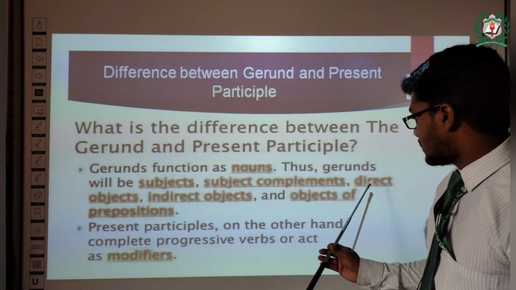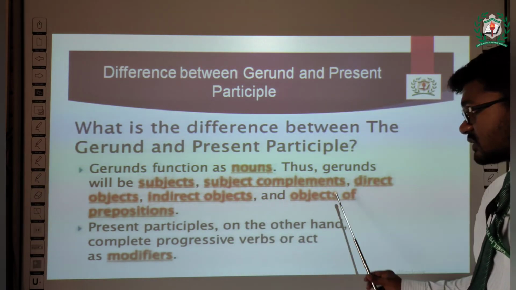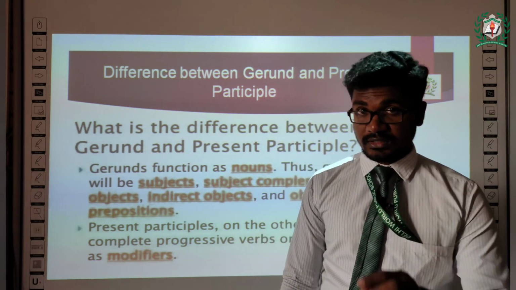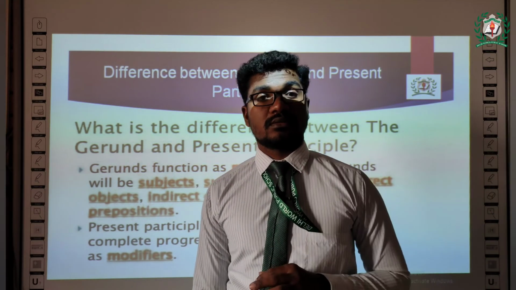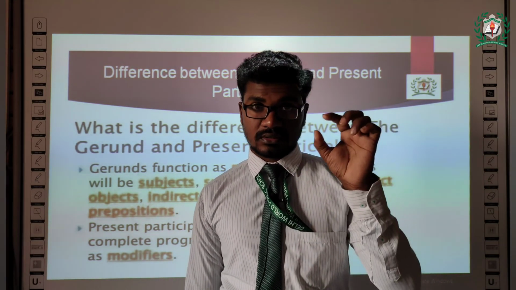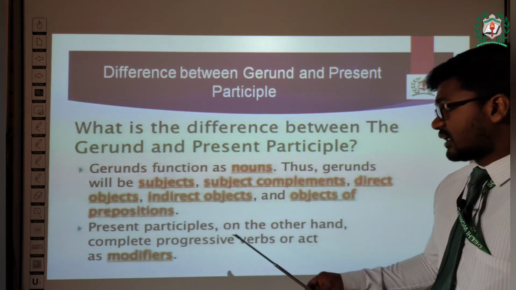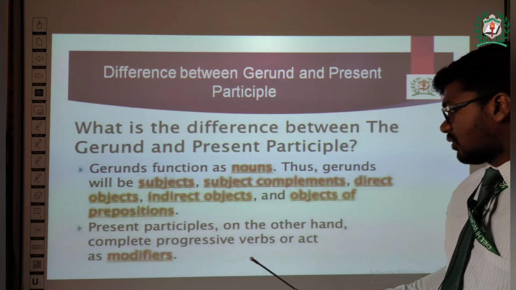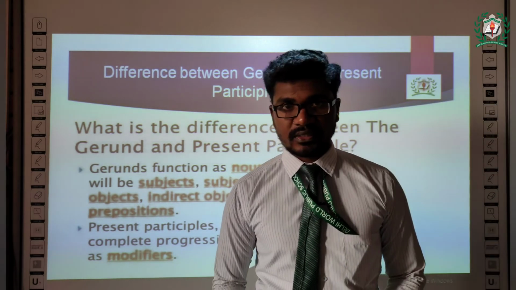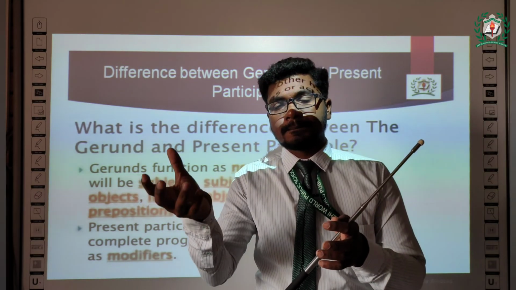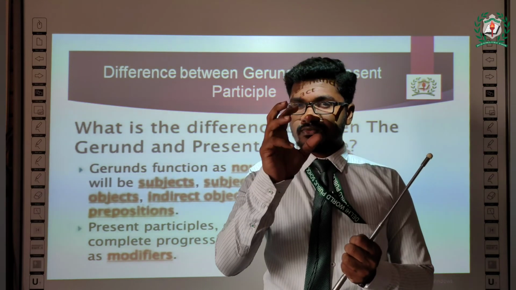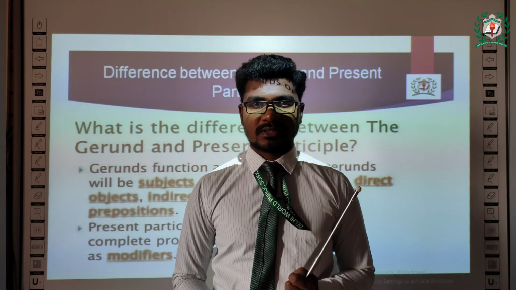We have already seen direct objects, indirect objects and objects of preposition, even for the preposition. So now it plays a vital role. Present participle, on the other hand, completes progressive verbs or acts as a modifier. They modify the verbs, and come as a form of verbs.